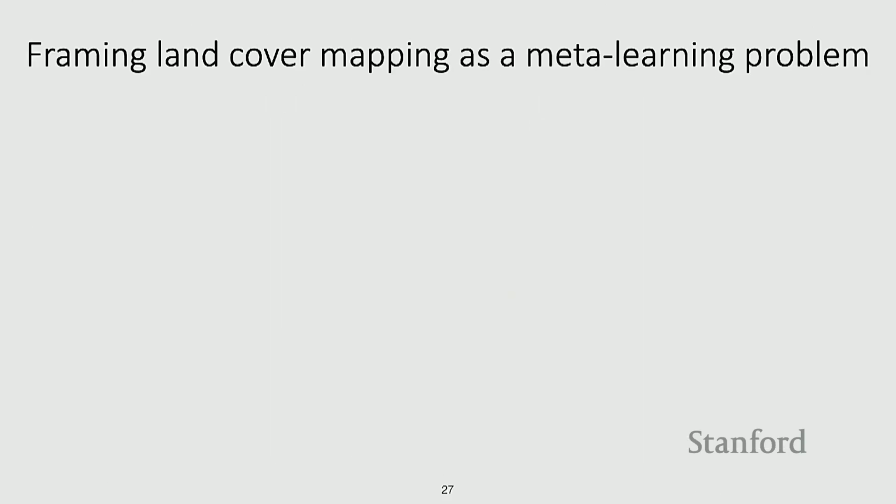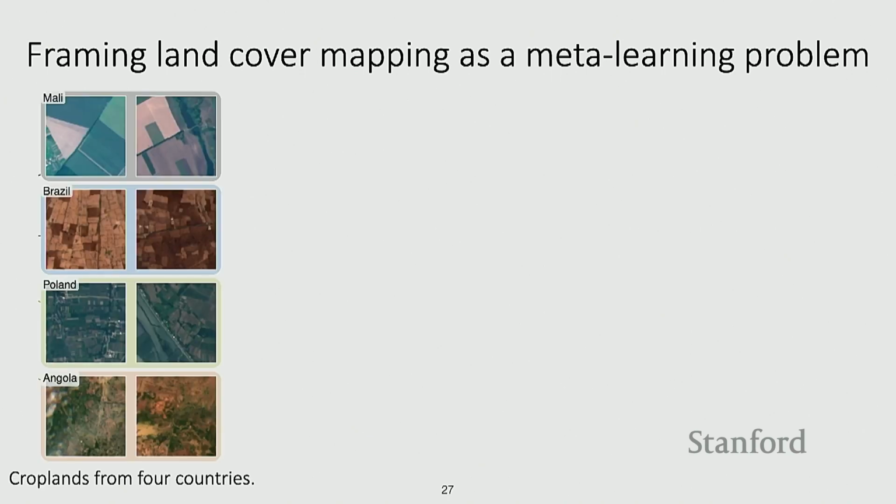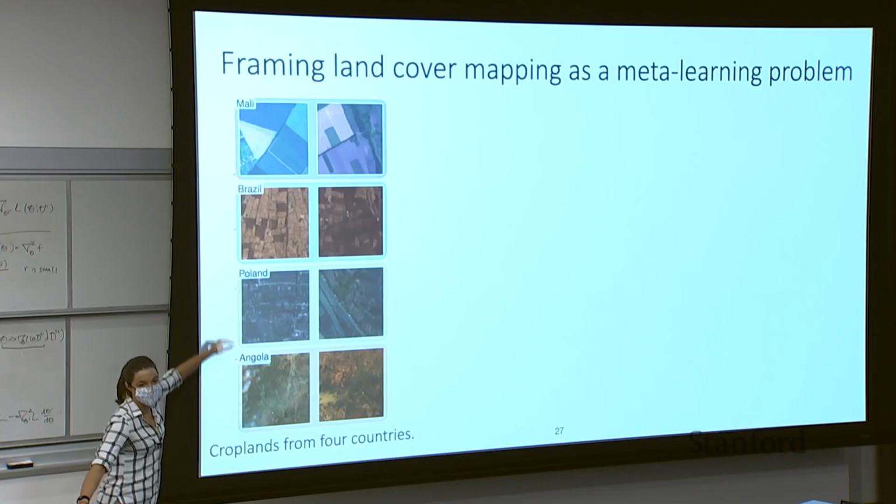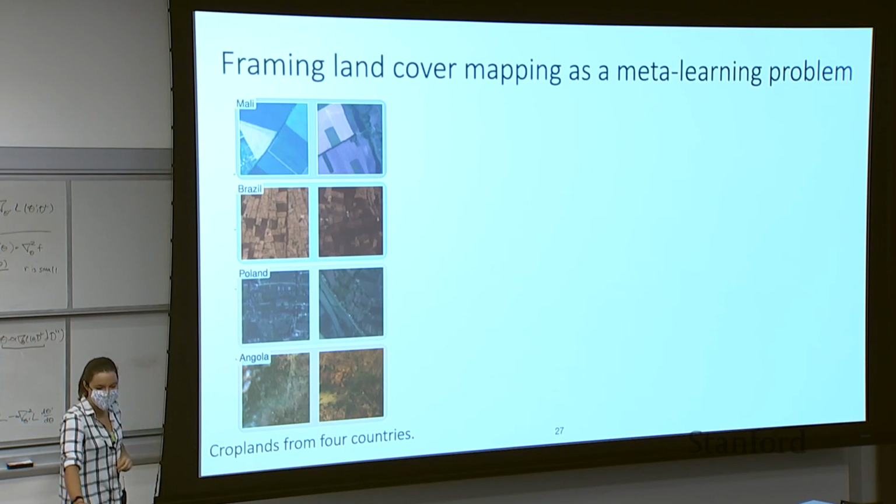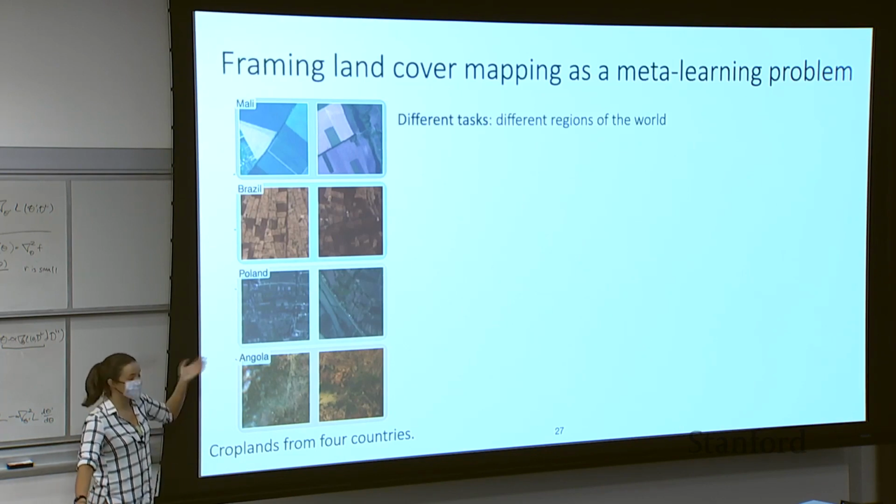And so they want to be able to frame this as a meta-learning problem. And as an example, they have examples of croplands of 4 countries. This is illustrating the kind of differences that you see in different regions of the world. And different tasks are going to correspond to these different regions of the world.